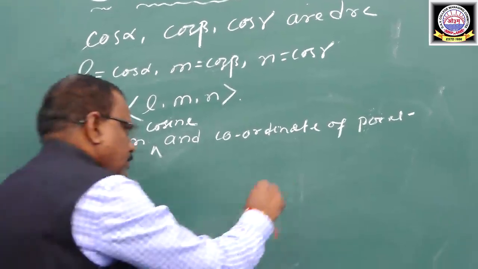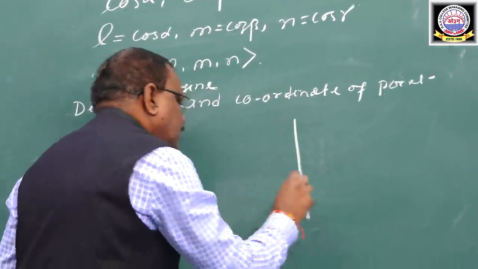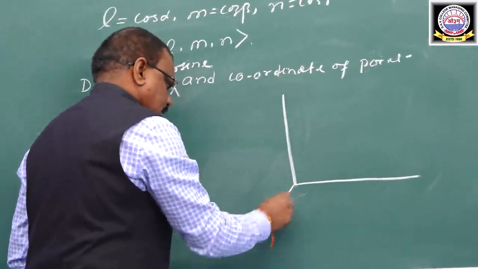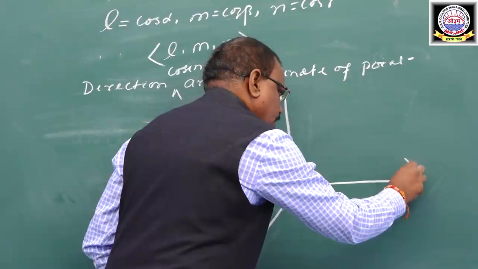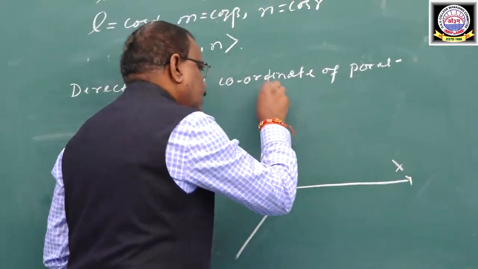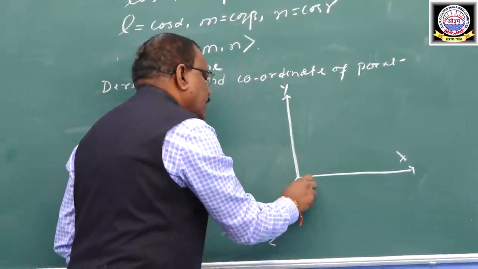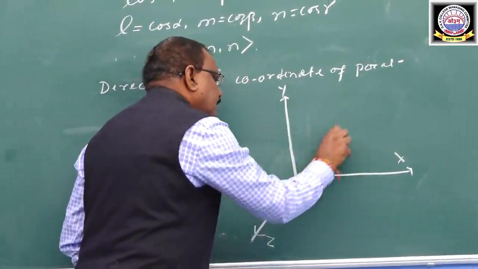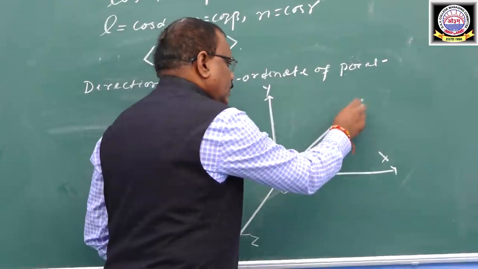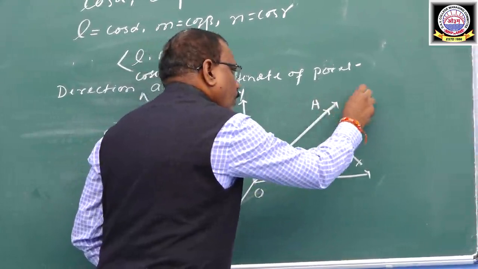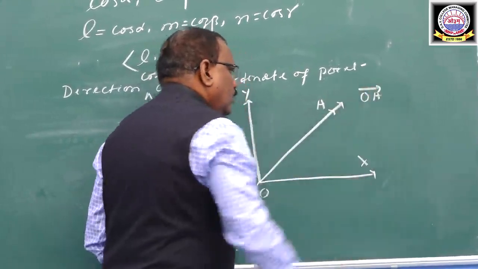Look here. Suppose I am drawing the coordinate axes. Let this be the x axis, I am taking this as y, you can take it as z also, and this is the origin. And let OA be a line or a vector, you can say. OA is a line or you can say a vector.